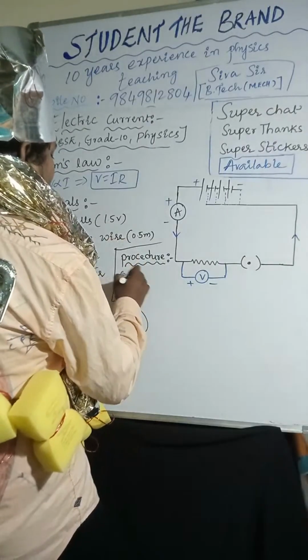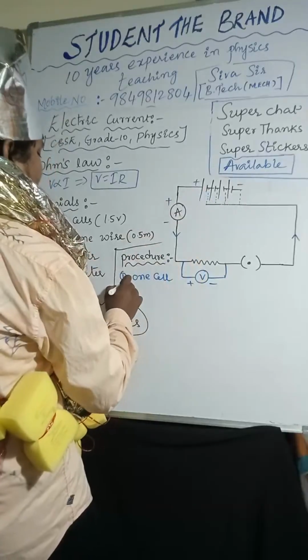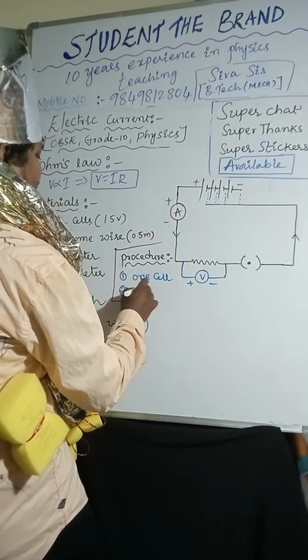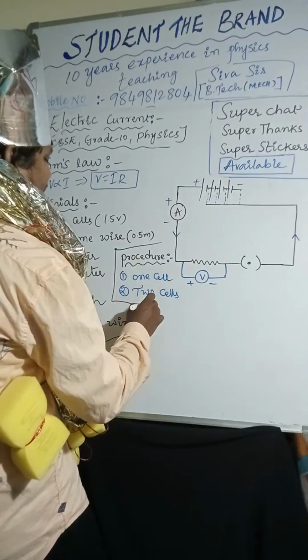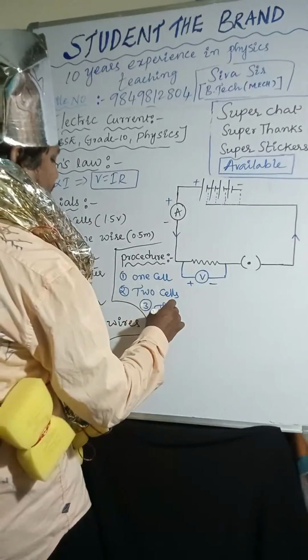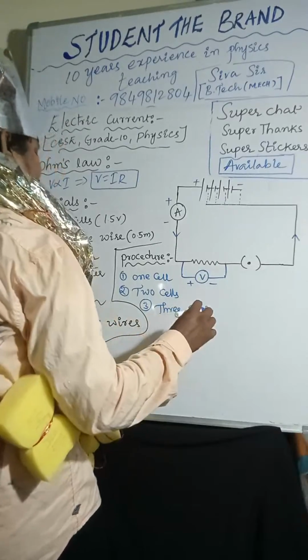We have to take one cell and note down the reading of ammeter and voltmeter. Connect two cells, and repeat the process for 3 and 4.